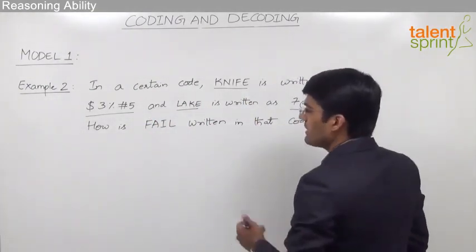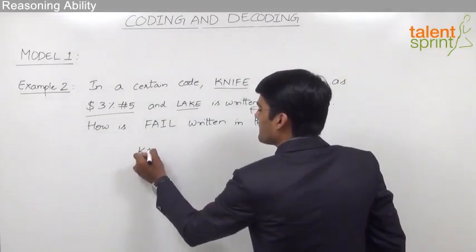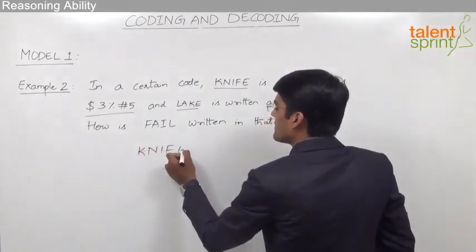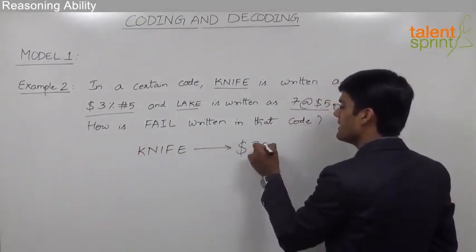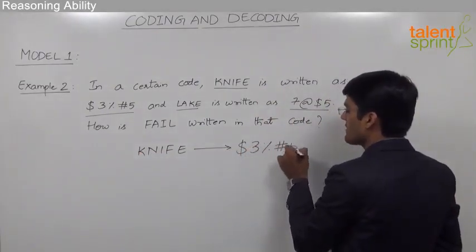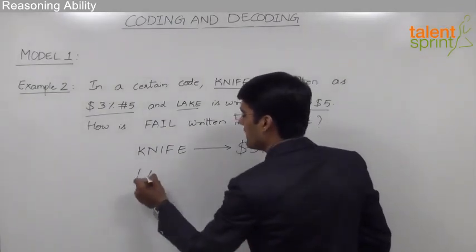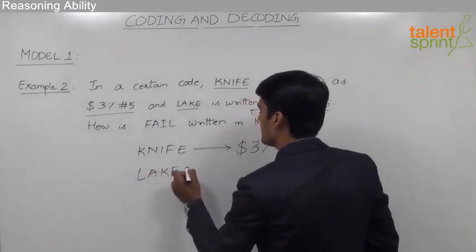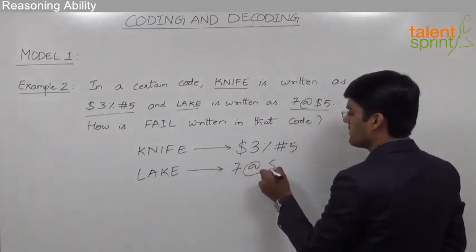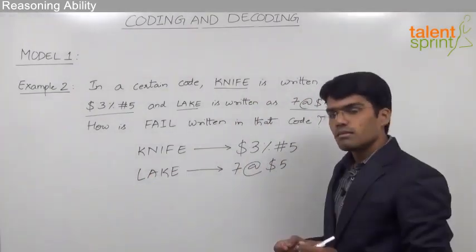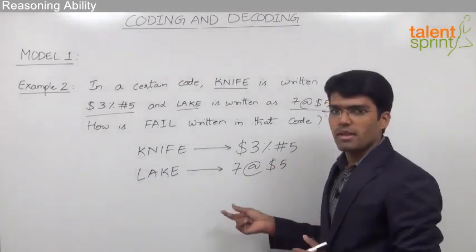Now, the word knife is taken as $3%#5, and the word lake is coded as 7@$5. Now here there is no logic behind the coded form.